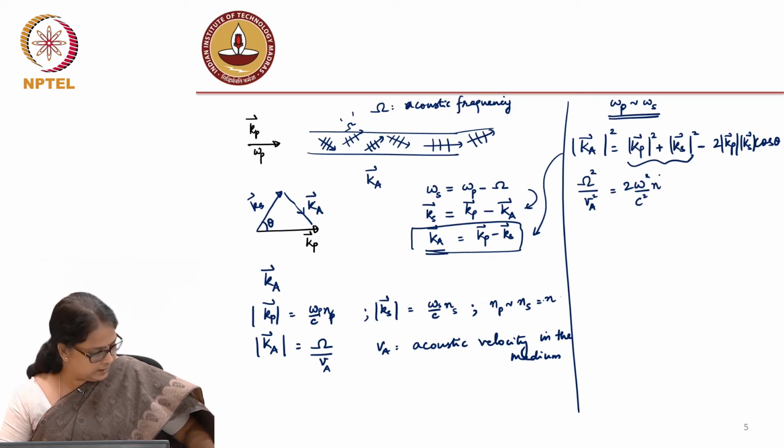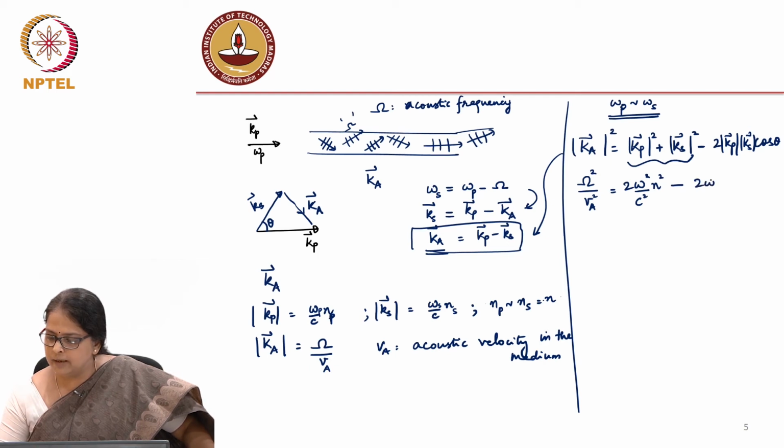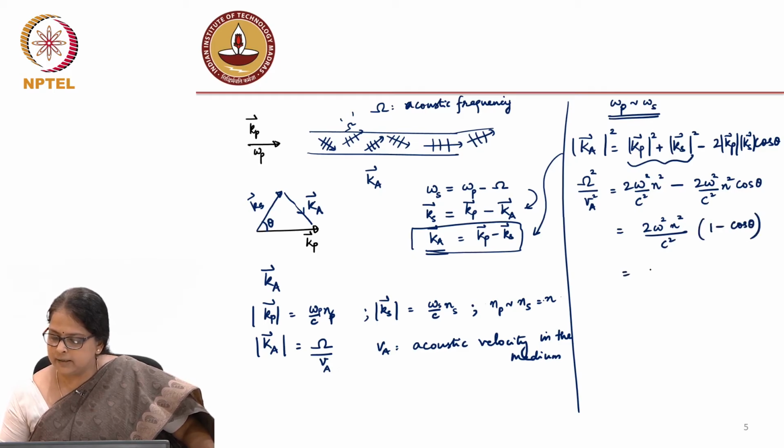Times n squared, minus 2 omega squared by c squared n squared cos theta. So this is omega squared n squared over c squared times 1 minus cos theta, which I can write as 4 omega squared n squared by c squared sine squared theta by 2.